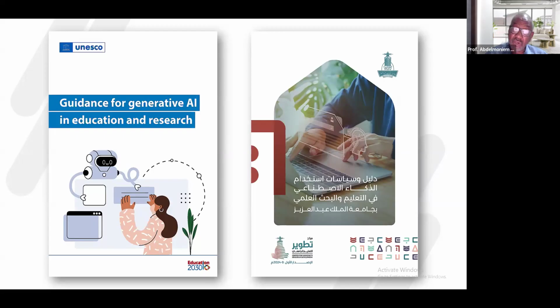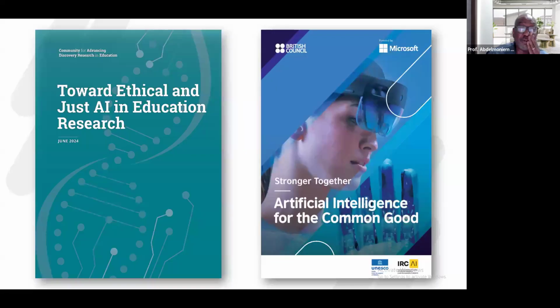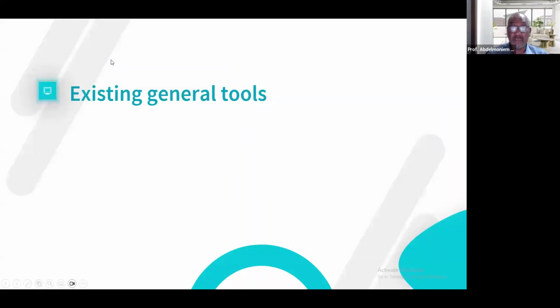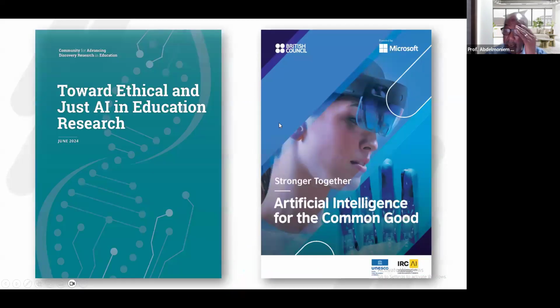And some of the universities started issuing some guides. This is a guide and policies for the use of artificial intelligence in education and scientific research at King Abdulaziz University. These are just examples. Other examples include the British Council, together with Microsoft and the UNESCO also, and IRC, AI, they published a report called Stronger Together, Artificial Intelligence for the Common Good.